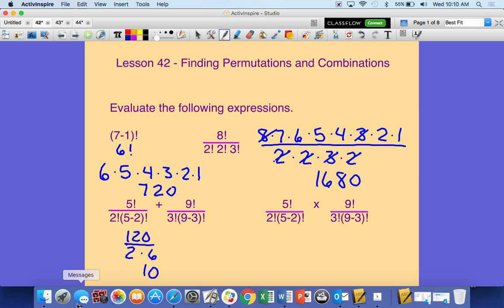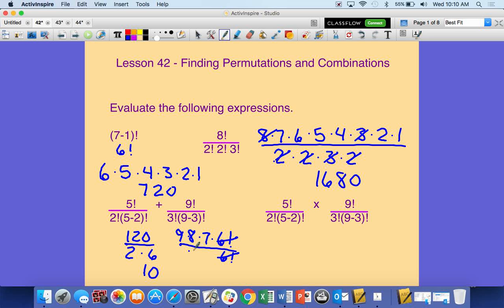All right, if we go to the next one, 9 factorial. Okay, that one's going to be a little bit harder to do, but what you could do is rewrite this as 9 times 8 times 7 times 6 factorial. And I stopped at 6 factorial for a reason, because what I see here is 9 minus 3 is also 6 factorial, and those cancel each other out.